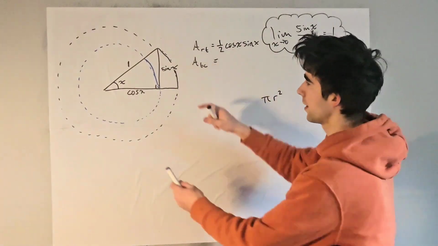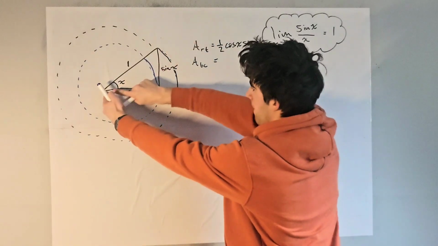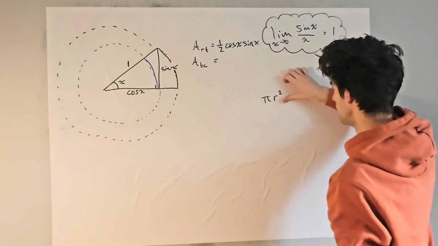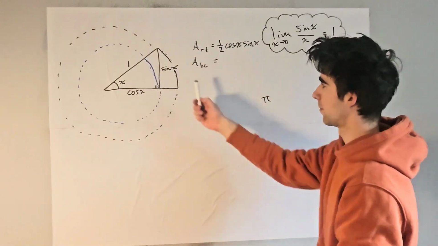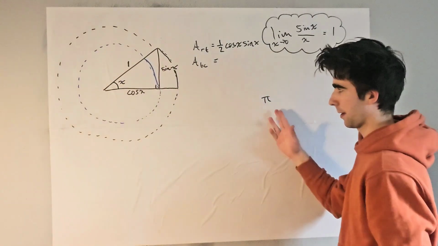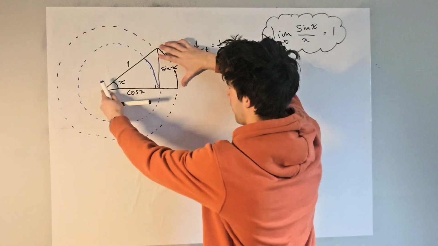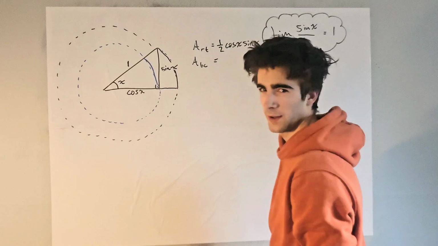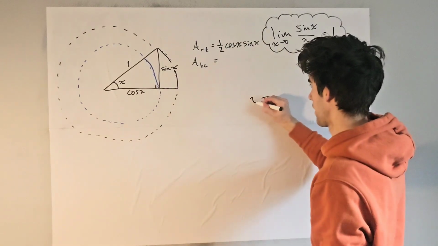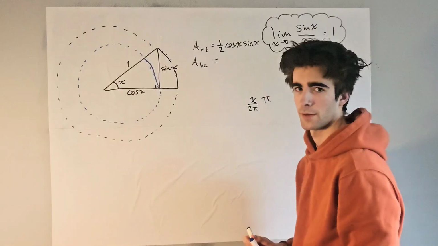And here the radius of this circle segment is 1. So the area of this big circle with a radius of 1 is just pi. The problem is it's only part of this circle, this section here. How much of it is it? Well, it's going to be our angle, x, over 2 pi. And this is in radians, of course.